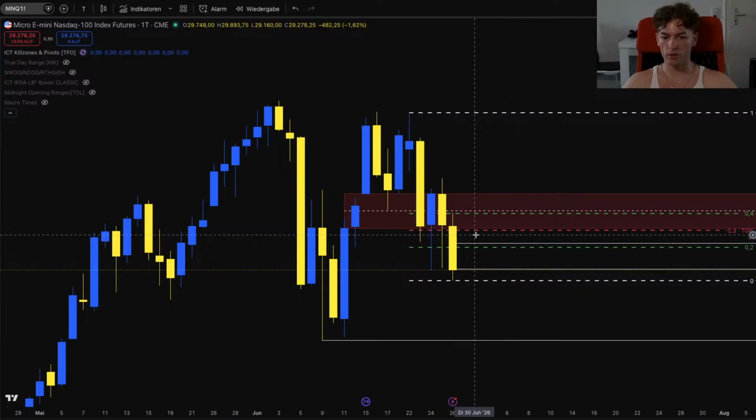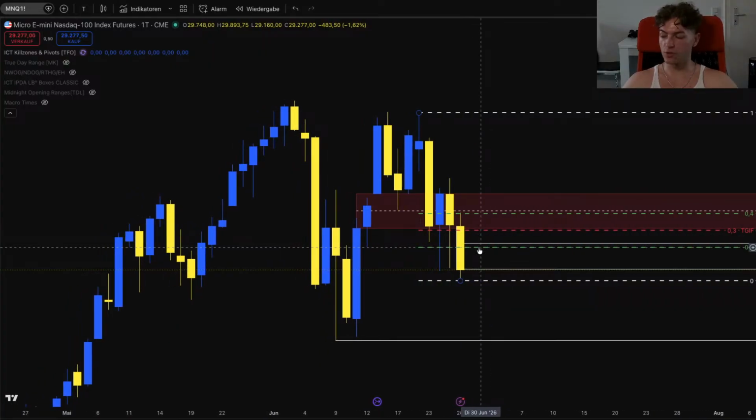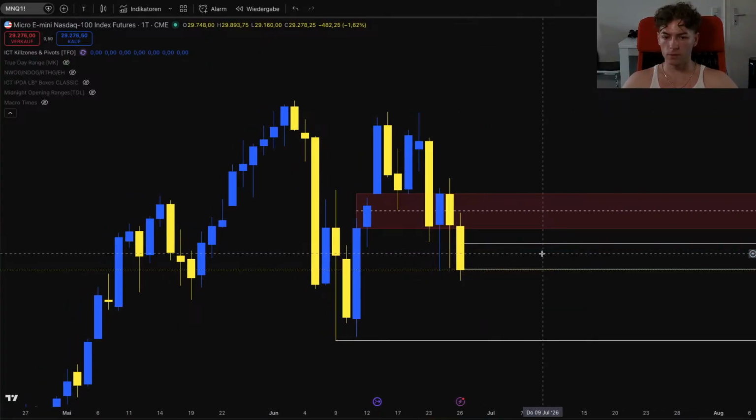So right around this red and this green line, as you can see, the 0.2, 0.3 level, 20 and 30% retracement. So that's what actually can happen. And now we are going to see how this could align with the intraday chart.